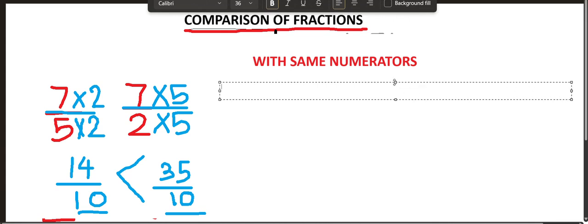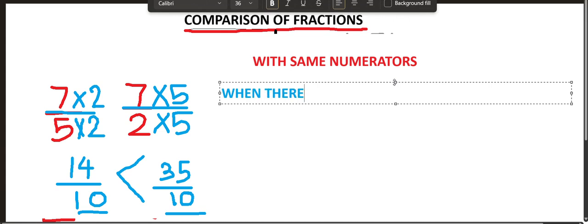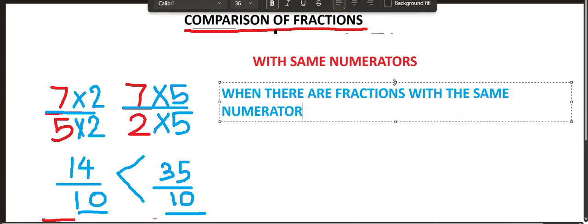Okay, so when there are fractions with the same numerators, right?